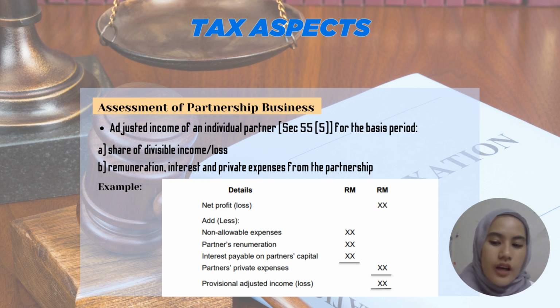The items are share of divisible income or loss, and then remuneration, followed by partners' remuneration, interest, and private expenses. So here's the example, which you have gone through in Tax 1 too. So I guess this is it from our presentation.